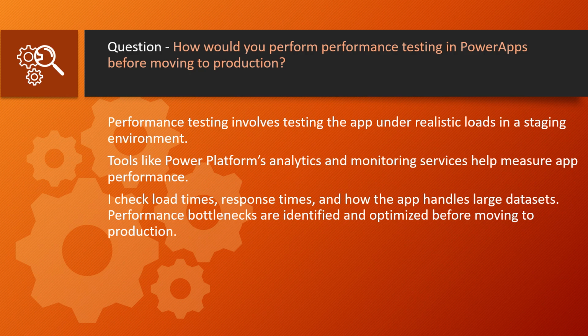And here we can utilize a tool like Power Platform Analytics and the monitoring services. It will help to measure the app performance. We should check the load times, response times, and how the app handles a large data set. Performance bottlenecks should also be identified and optimized before moving to production.